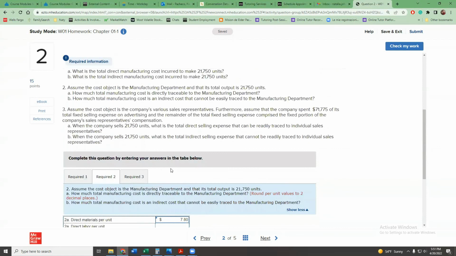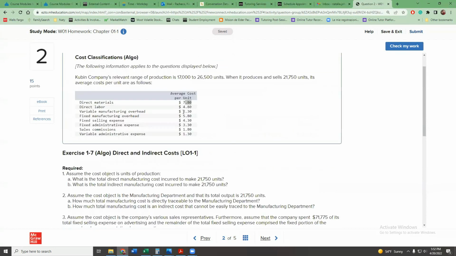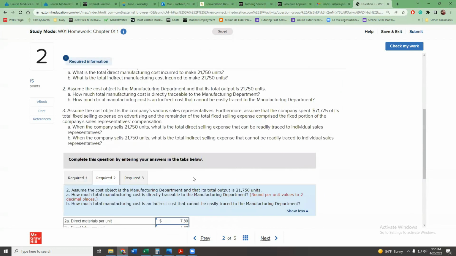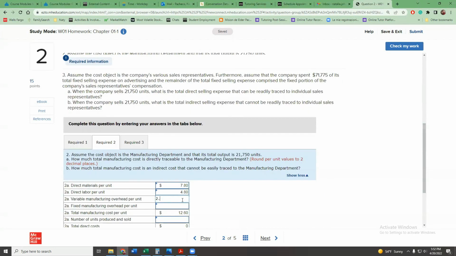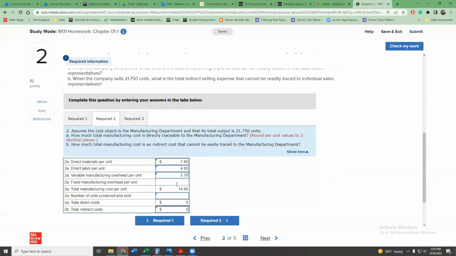Direct labor per unit is 480. The variable manufacturing overhead per unit is 230. And the fixed manufacturing overhead per unit is 580. Okay, and they calculate automatically what is the total manufacturing cost per unit.